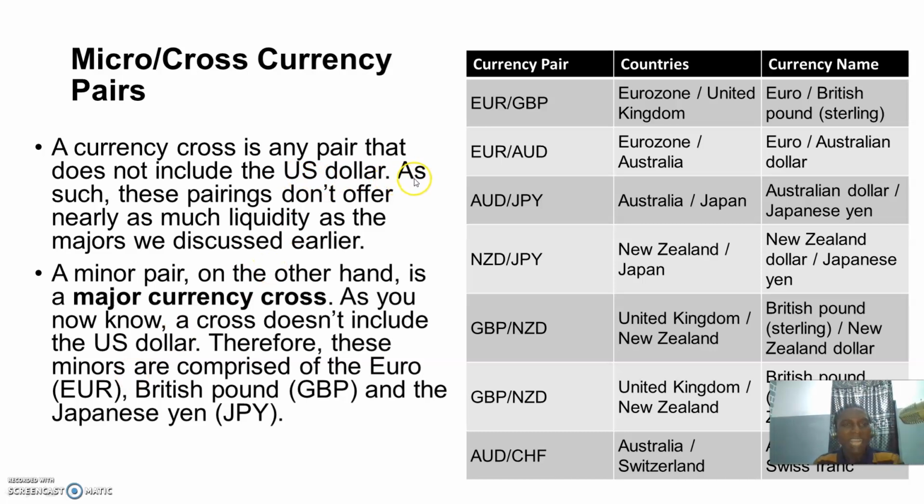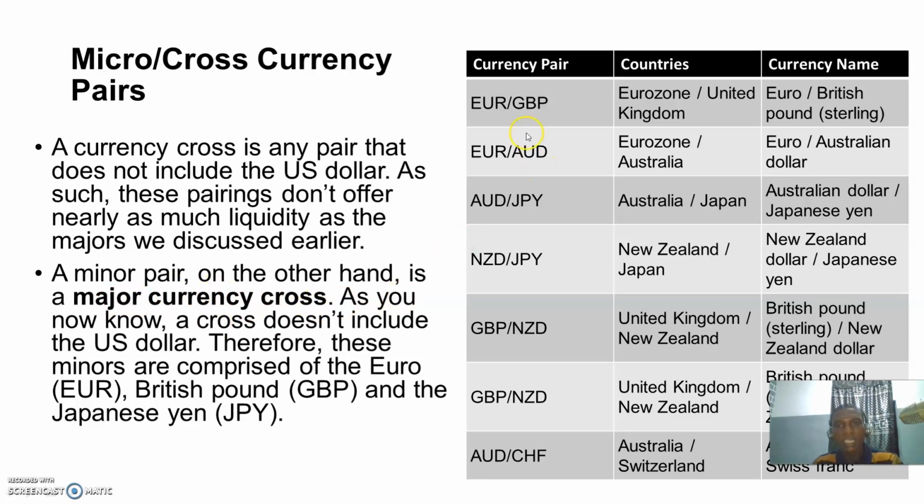I'm glad. As such, these pairings don't offer nearly as much liquidity as the major currency pairs. Now, the major currency pairs offer more liquidity compared to what these cross currencies offer. And a minor pair, on the other hand, is a major currency cross.